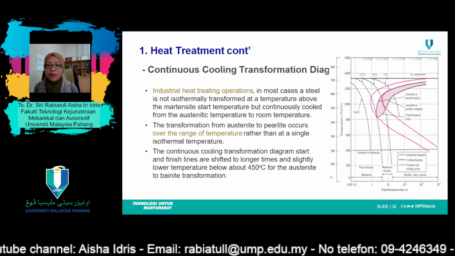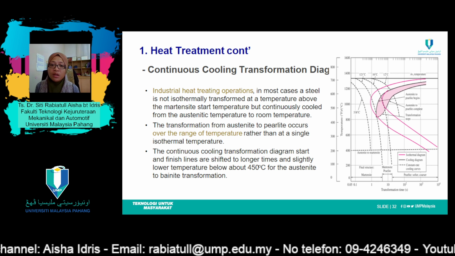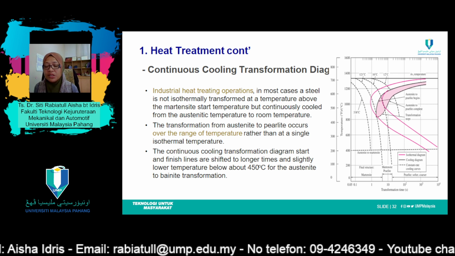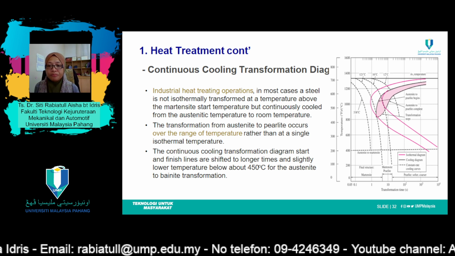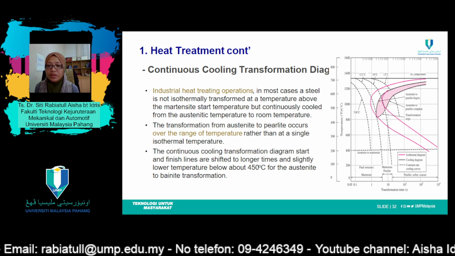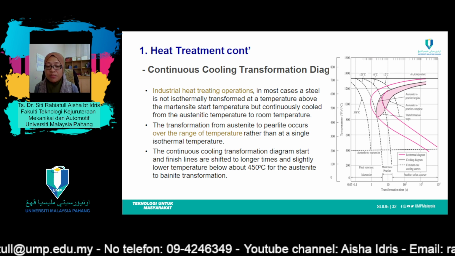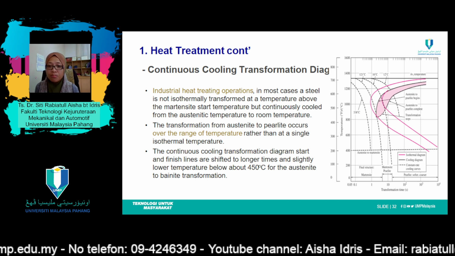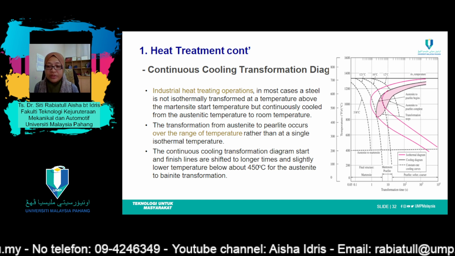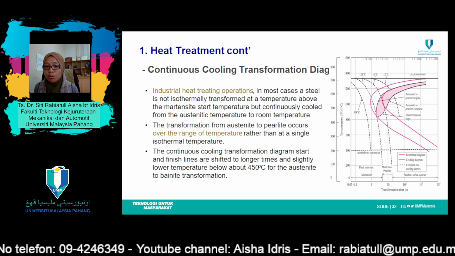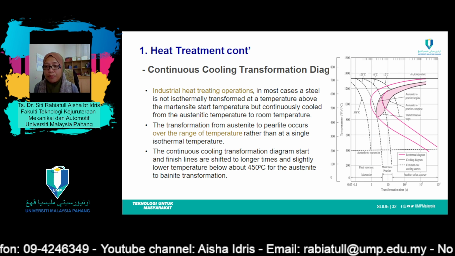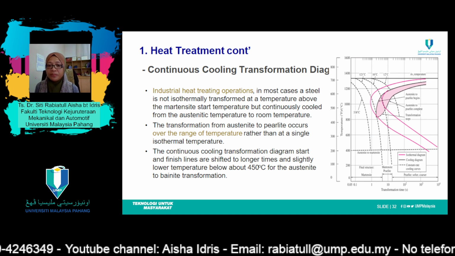What is the CCT diagram? It relates to industrial heat treating operations. Number one, in most cases, a steel is not isothermally transformed at a temperature above the martensite start temperature, but continuously cooled from the austenite temperature to room temperature.